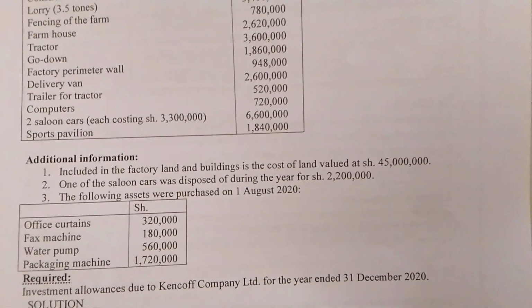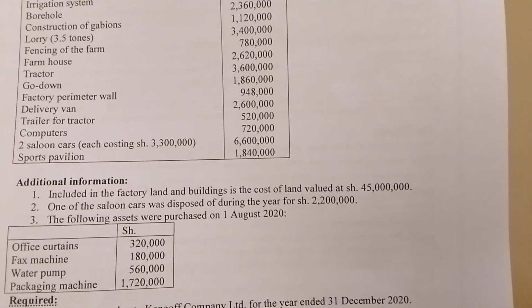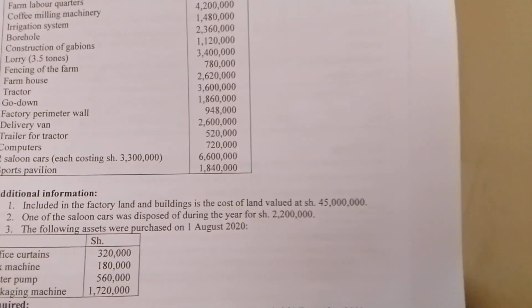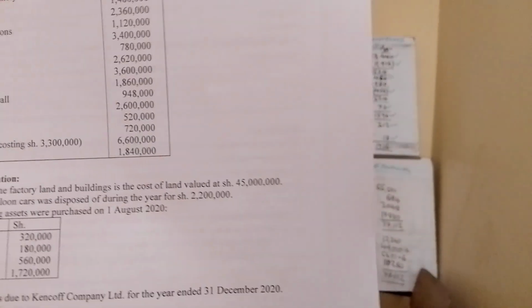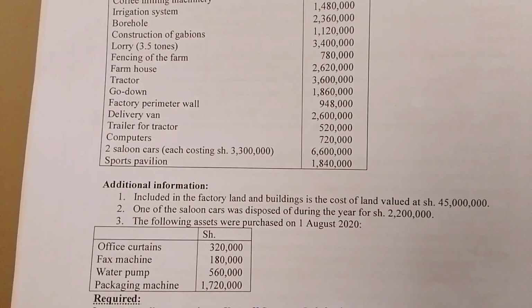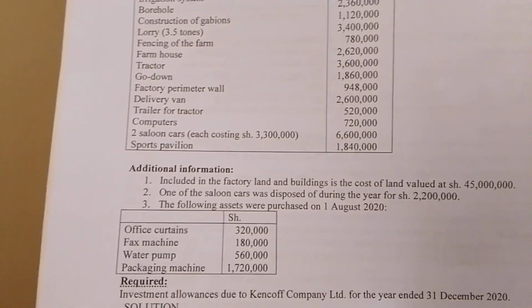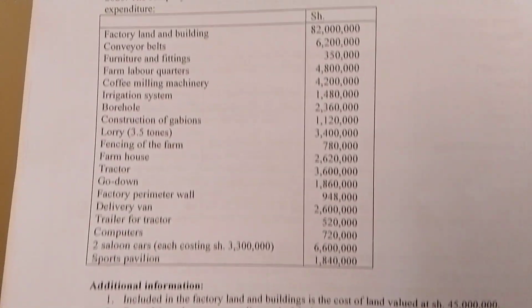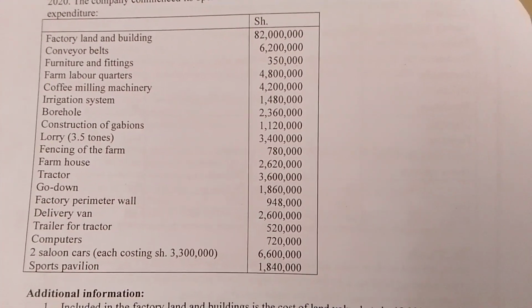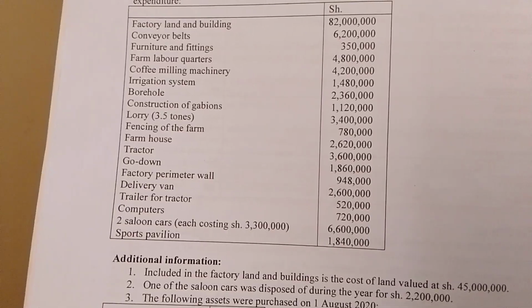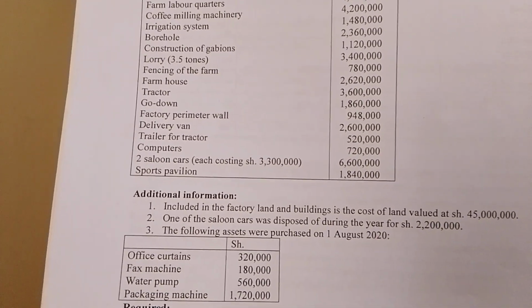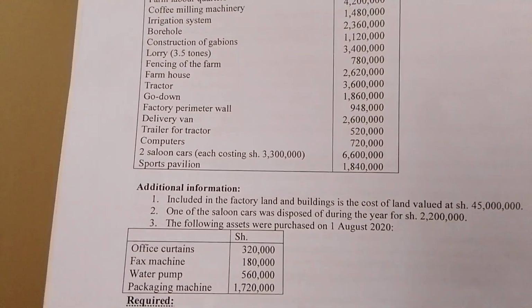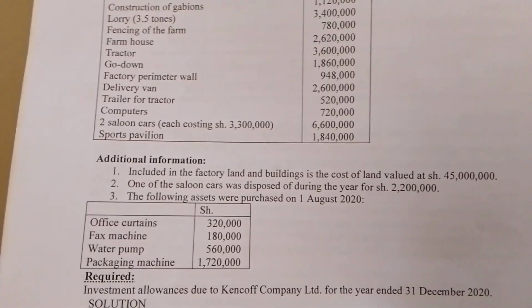Additional information. Included in the factory land and building is the cost of land valued at shillings 45 million. So I've told you land does not qualify for ID. That is where you are given the cost of land. You less the 45 million from the 82 million to be left with the cost of the factory so that you may claim for ID at 50%.